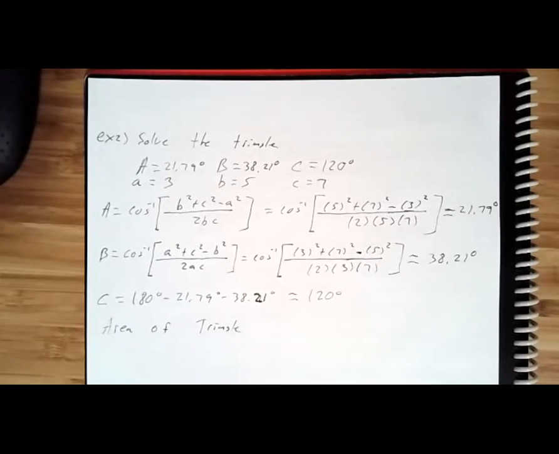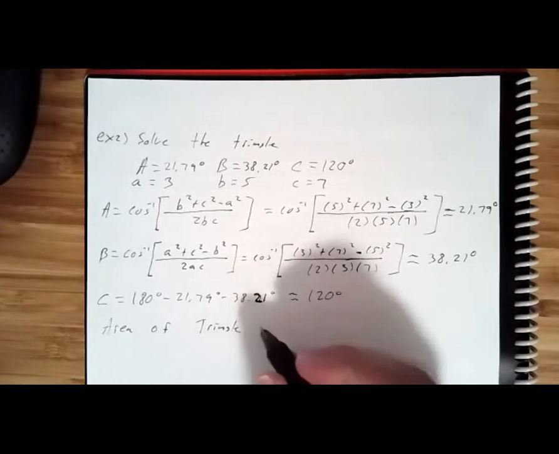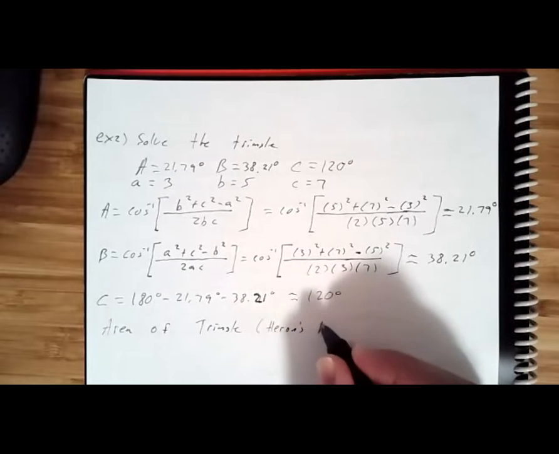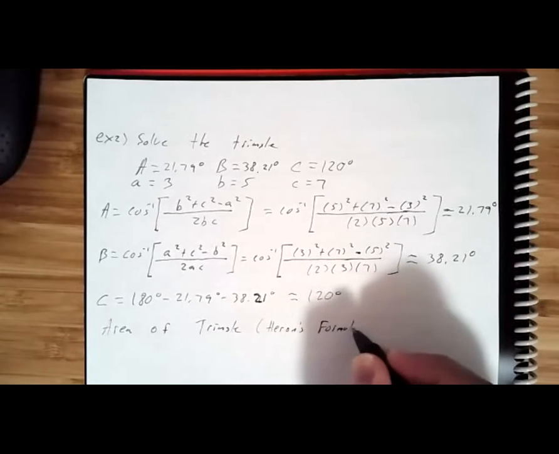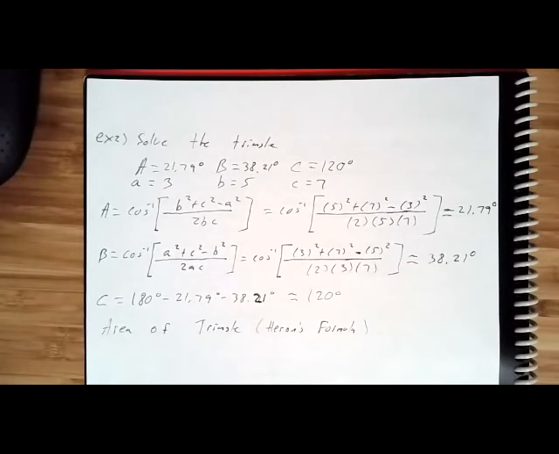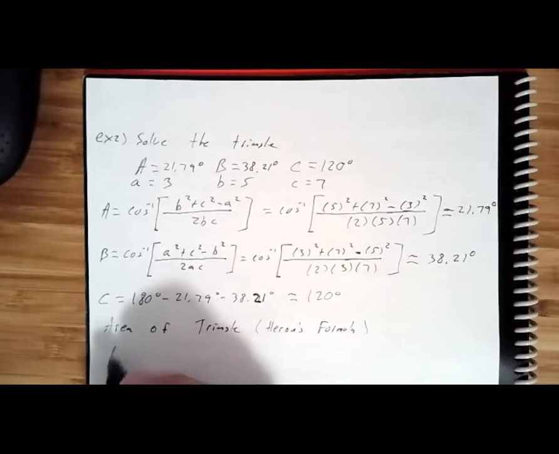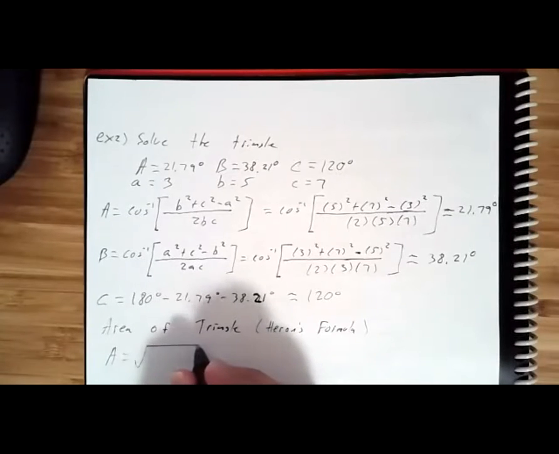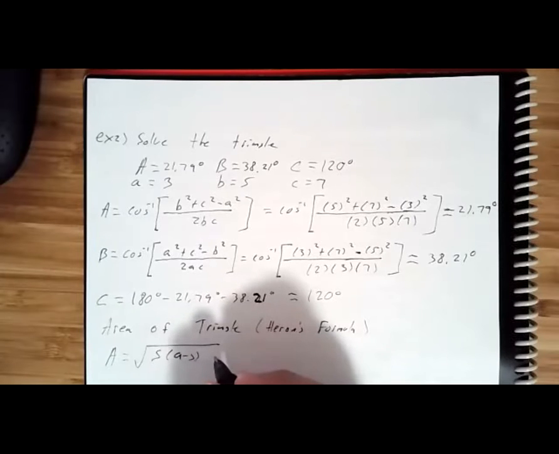So area of a triangle. What I recommend, at least for me, the easiest way to go about it is use Hero's formula, spelled Heron. So all you have to do is find all the sides. So area will be equal to the square root of s times s minus a.